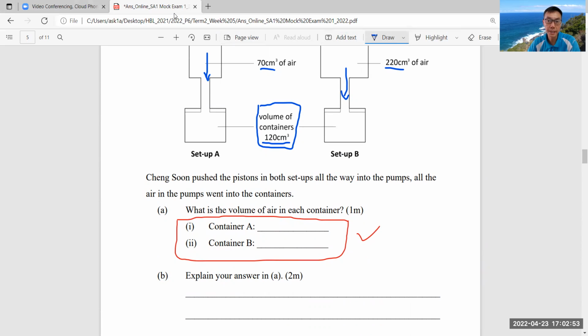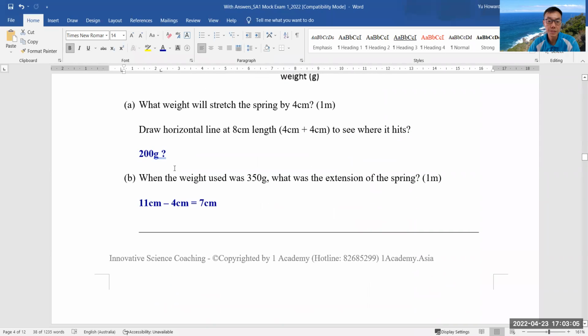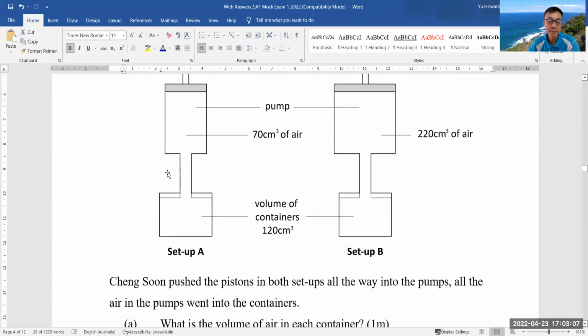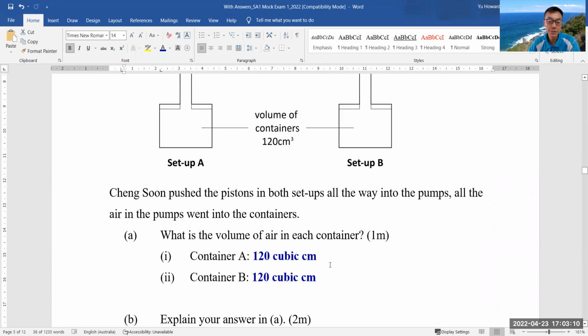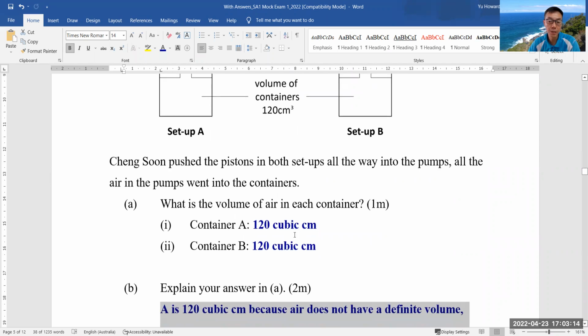And then how do you explain? Let me do a screen share of the answer here. Okay, so this is part A, part B. Both containers, you should get 120 cubic centimeters, or you can write 120 cm cube.